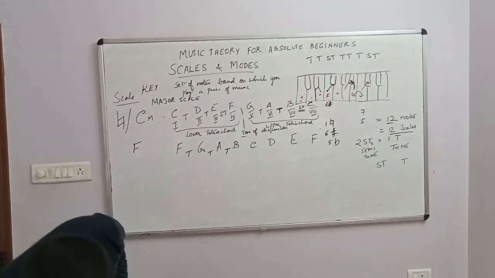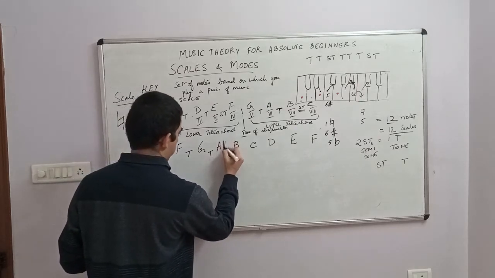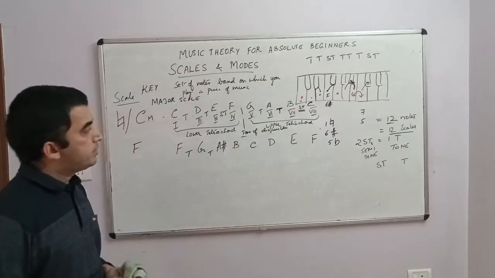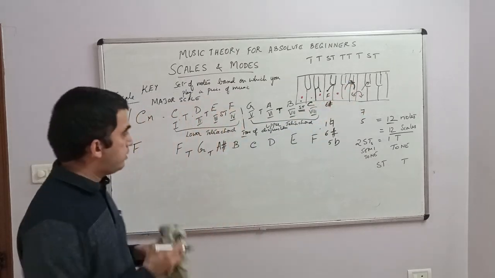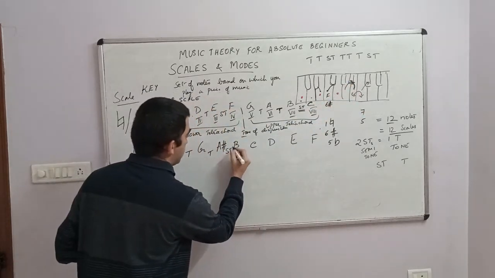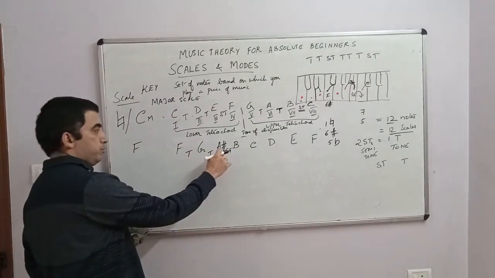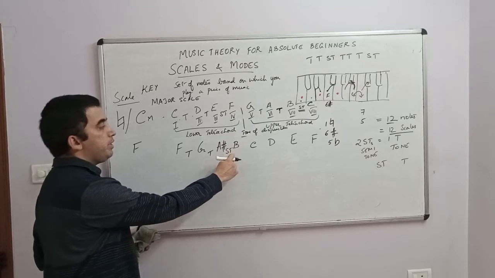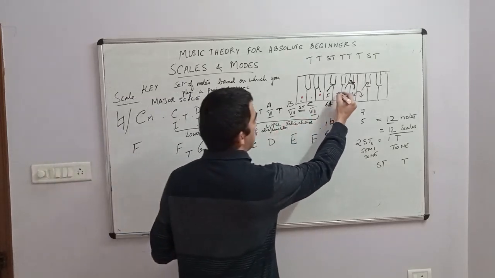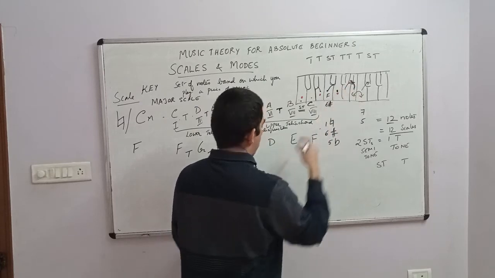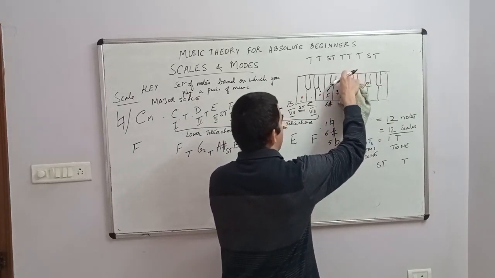So consider you raise the A to A sharp. Okay. So what is the distance between A sharp and B? Semitone, right? Happy? No. Why? The moment you make this A sharp, the distance between G and A sharp changes.